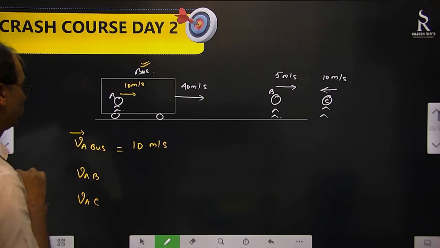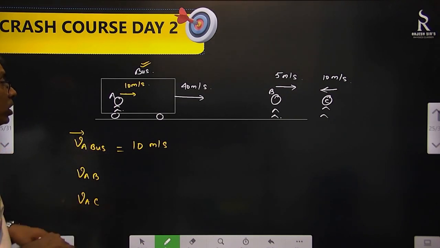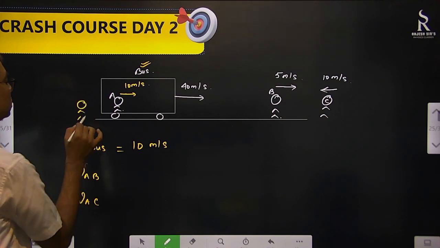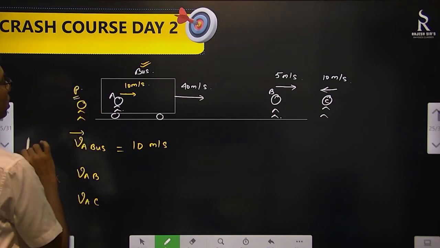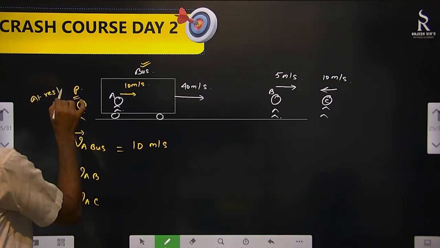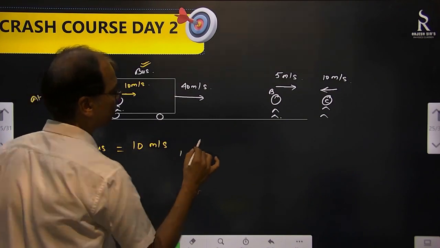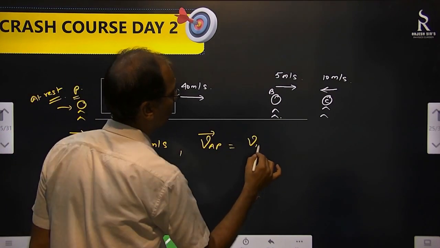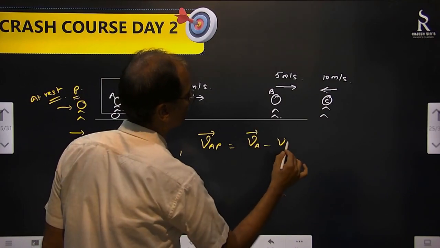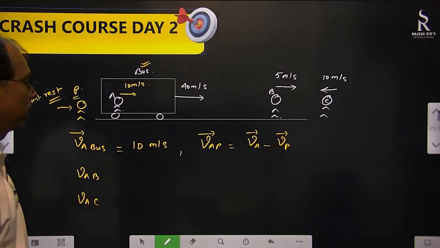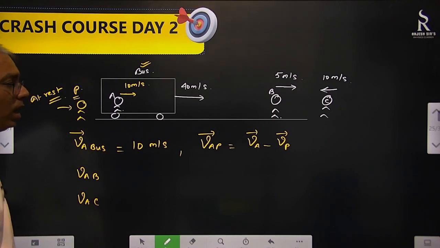Now suppose I ask you what is velocity of A with respect to ground, if some person P is here, at rest on the ground, representing the ground. If I ask you what is velocity of A with respect to P, what will you say? VA minus VP. But what is VA?